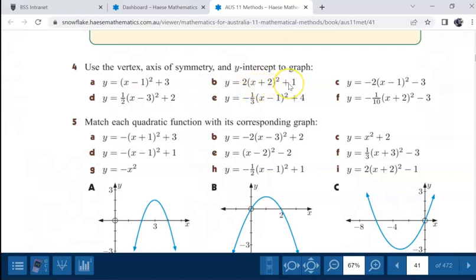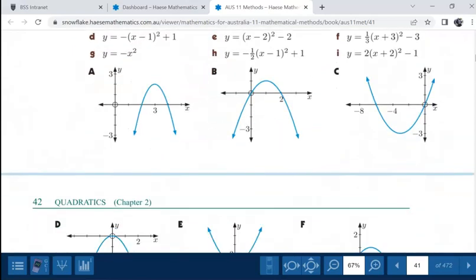Minus 2, 1. What's the vertex for this one? 1, minus 3, and it will be concave, right? But whether or not this value here affects your vertex? No, it just makes it squishy, wider, turns it up, turns it down, but the vertex, the turning point, stays the same. Okay, so again, matchy, matchy, matchy.